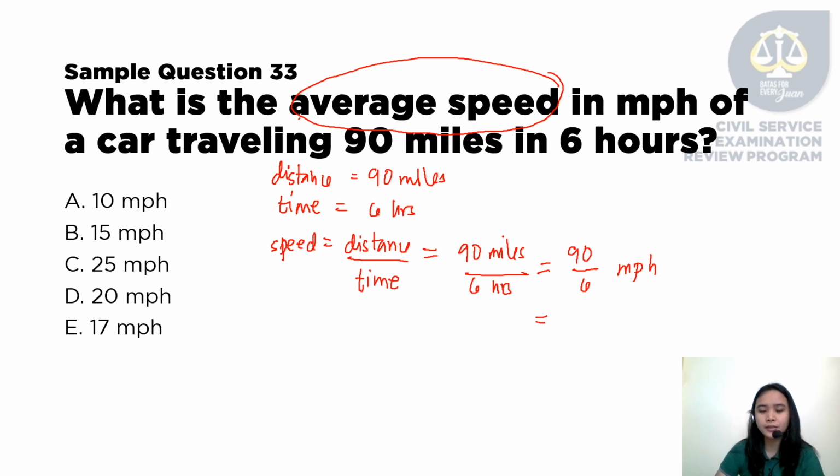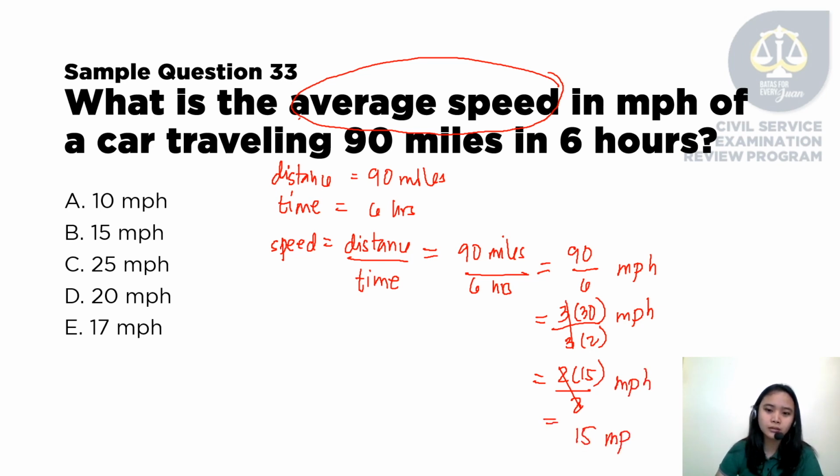Or, simplifying, 90 ay 3 times 30. 6 natin ay 3 times 2. So, cancel natin yung 3. And then, 30 natin ay 2 times 15 over 2. Yung denominator, cancel ulit natin yung 2. So, may matitira tayong 15 miles per hour. That is letter B.